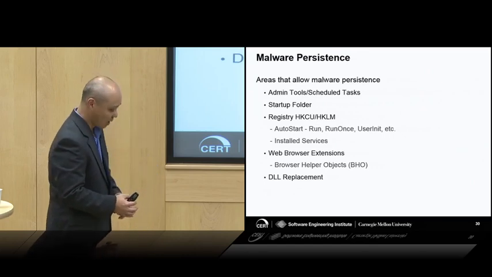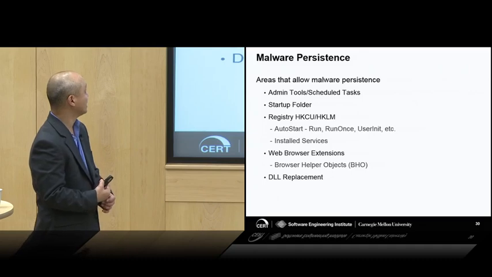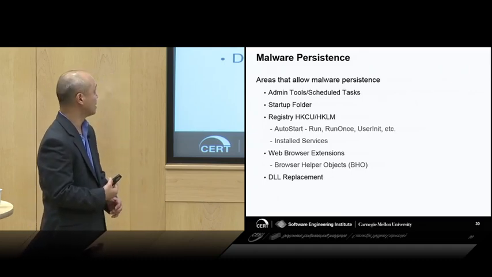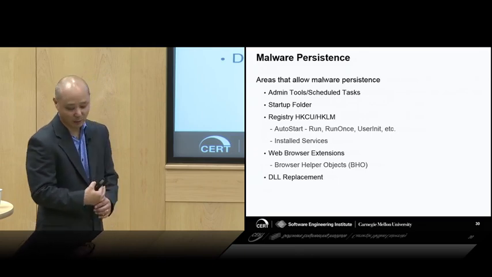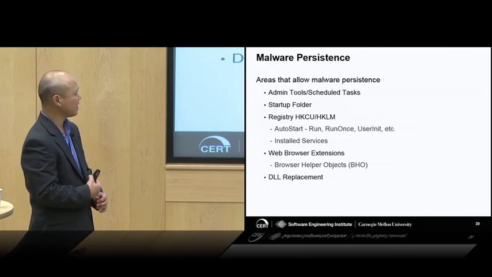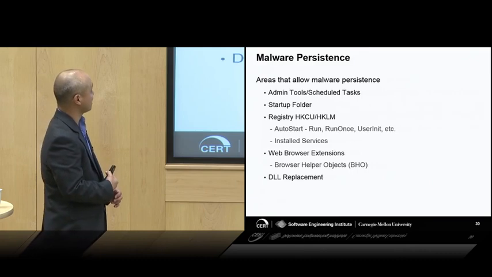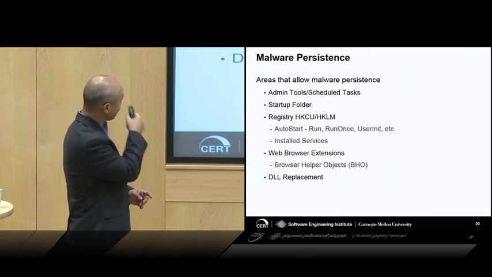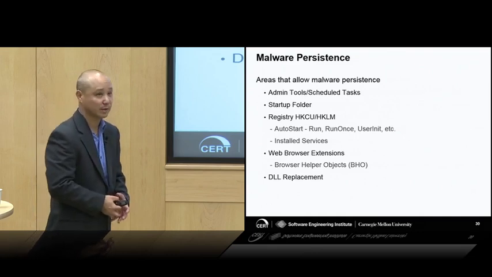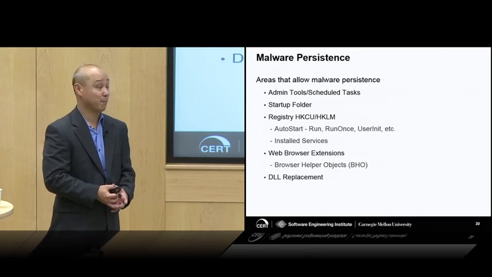Malware persistence. Once that malware gets on board, the attackers generally want to be able to access it and keep it working, and possibly restart again should power be disconnected or if the user logs out. So some of the places that they'll put this to maintain their persistence is using admin tools, scheduled tasks to run certain things, and they may just run their piece of malware.